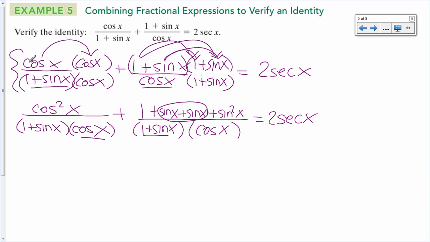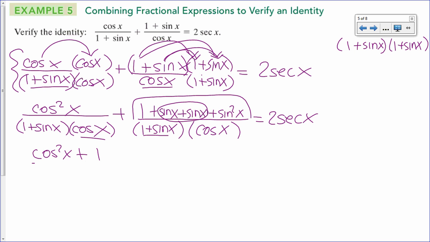Okay, if you guys get behind, just please let me know before I move to the next step. Are we clear how I got all this stuff here? So I FOILed that. I multiplied 1 plus sine x times 1 plus sine x. That's what I did. Okay, so after combining, I'm going to have cosine square x plus 1.